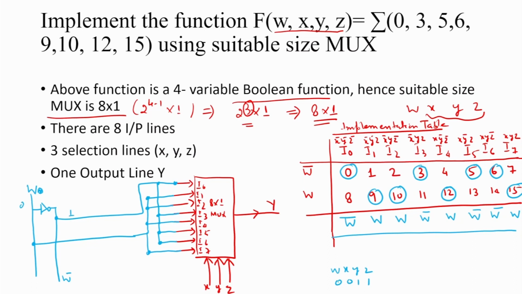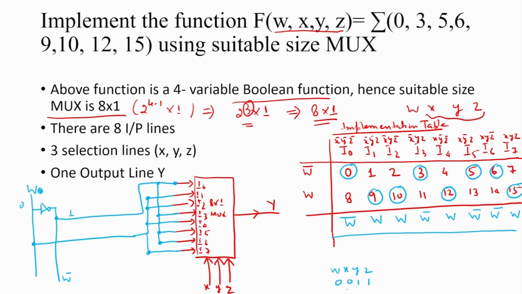W is 0, so W goes from I1, I2, I5 and I7, and W complement, 1, goes from the others.